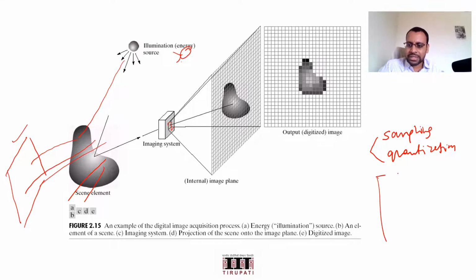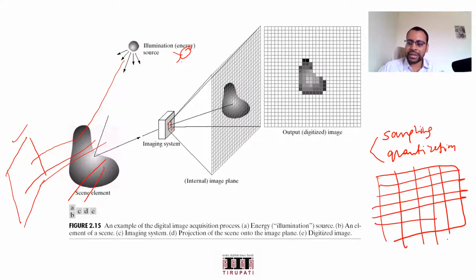This is a cartoonized version of what a sensor could be: a rectangular array, where the light falling onto each cell, the whole thing an array, is integrated and represented with some intensity value.